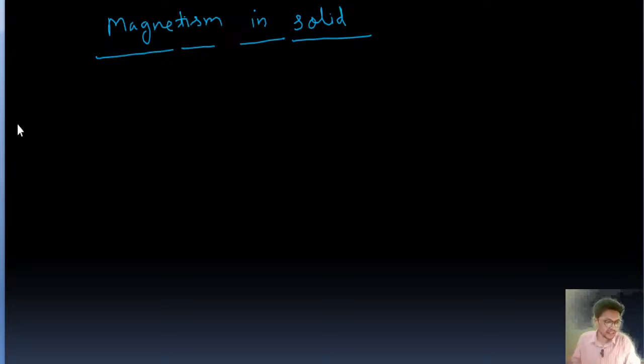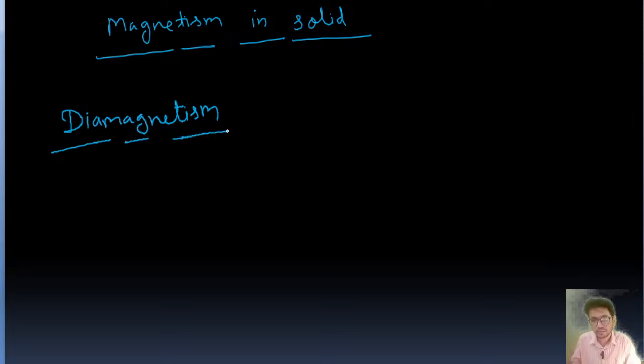So first, diamagnetism, guys. In diamagnetism, mu r, the relative permeability, is equal to chi plus 1.